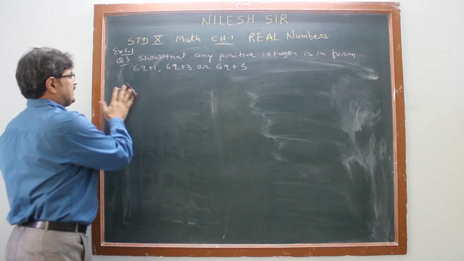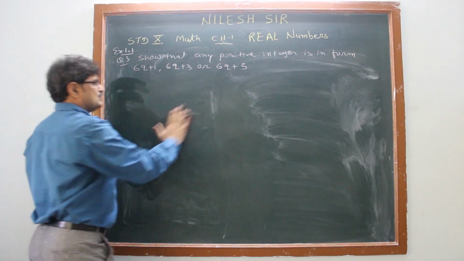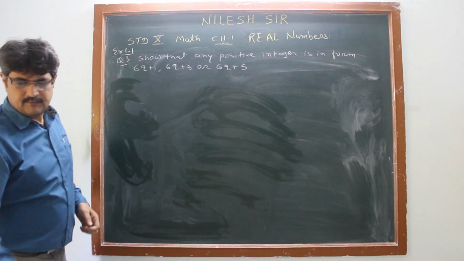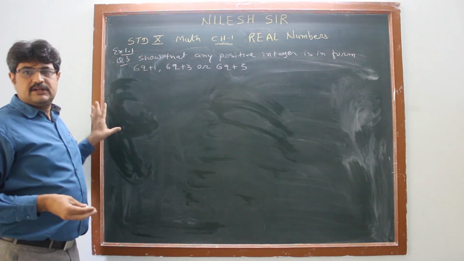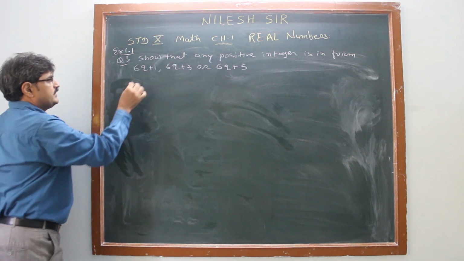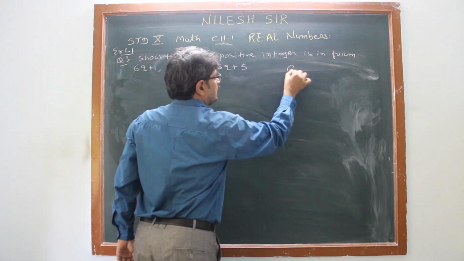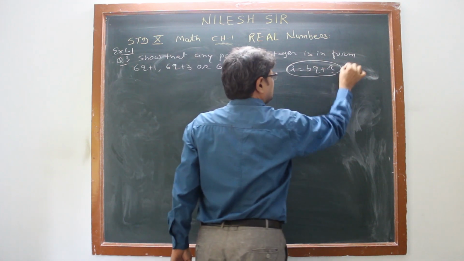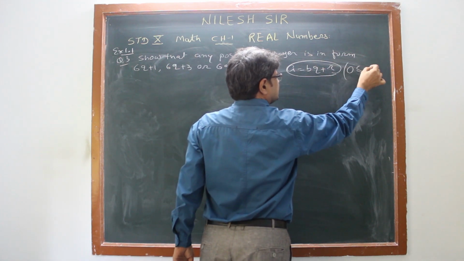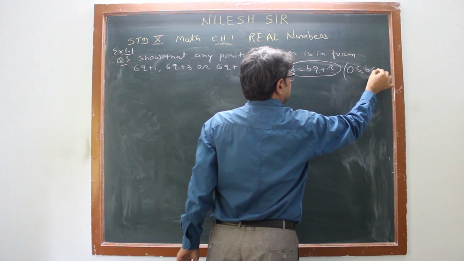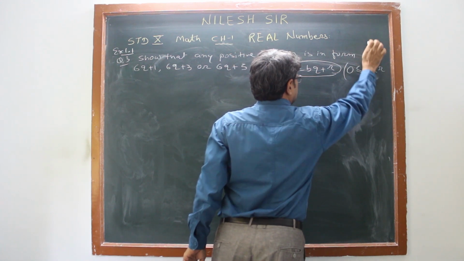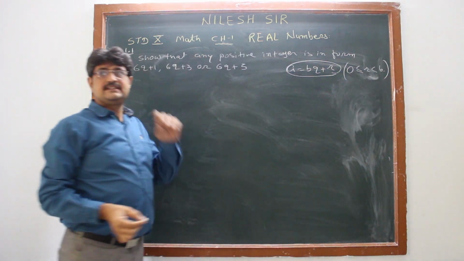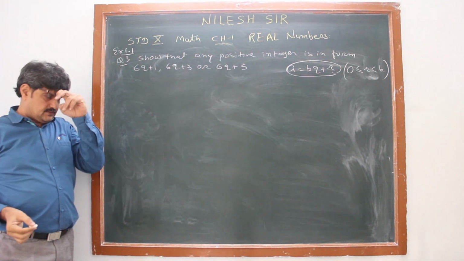Now in this type of sum in which we have to show that this is an odd number or odd integer in this form, we know the formula A is equal to BQ plus R, and the condition 0 less than or equal to R less than B. So this is the condition you should remember.